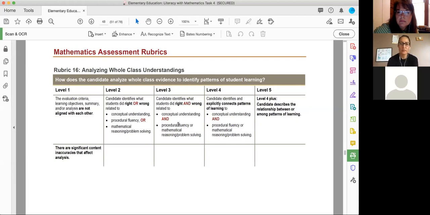You also want to identify, it says here, explicitly connects patterns of learning to. So how are those patterns of learning that you're seeing connected to those learning objectives?